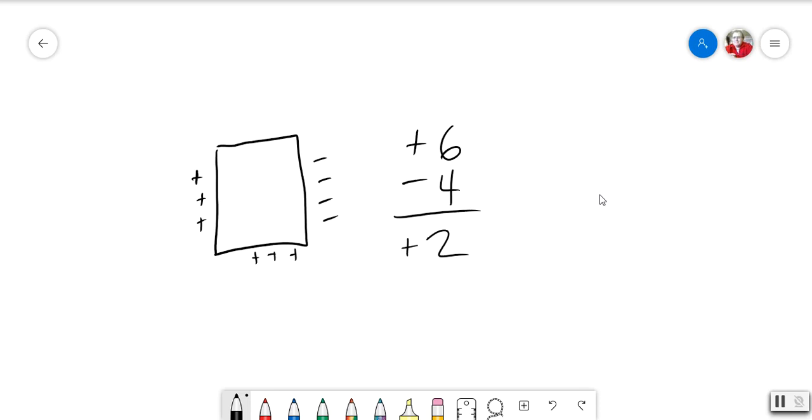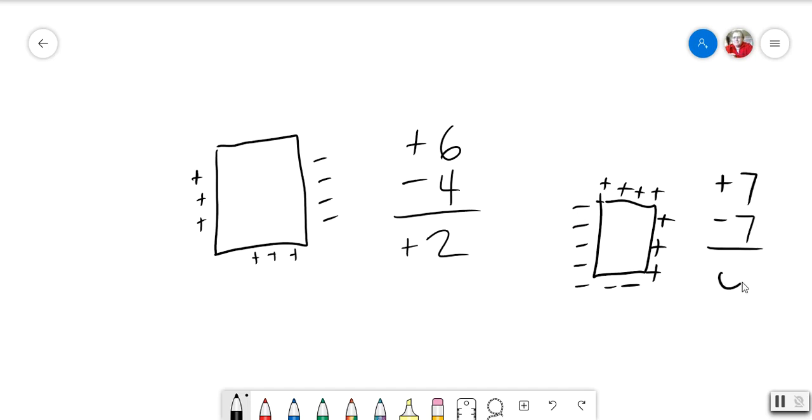So if you had another object over here that had 1, 2, 3, 4, 5, 6, 7 positives, 1, 2, 3, 4, 5, 6, 7 negatives, you would have a positive 7 and a negative 7, so the net charge would be 0. So everything's going to have a net charge, 0 or positive something or negative something. And that's not going to change if it's relatively isolated.